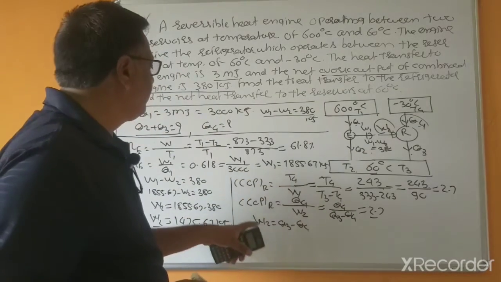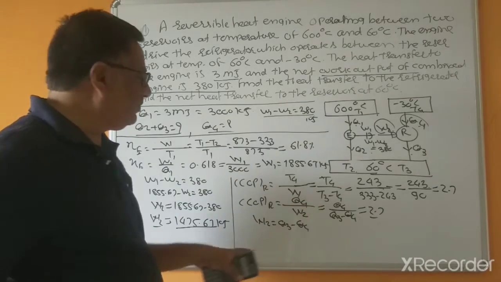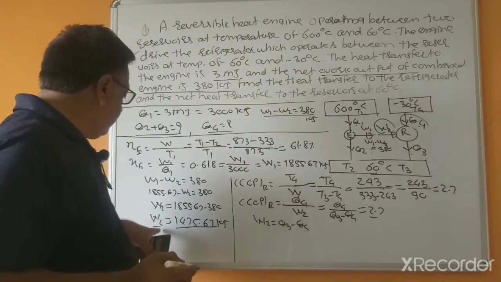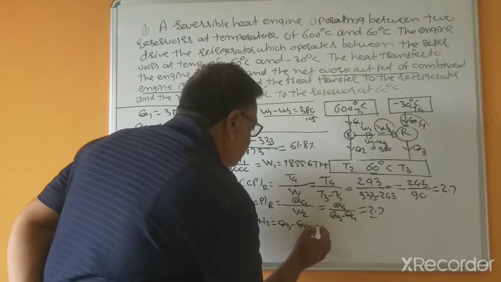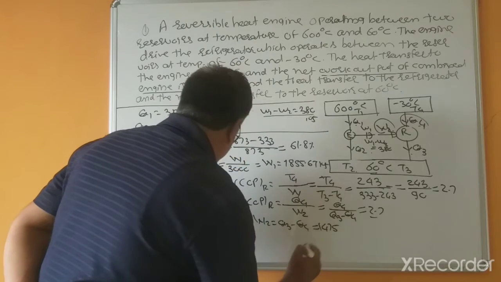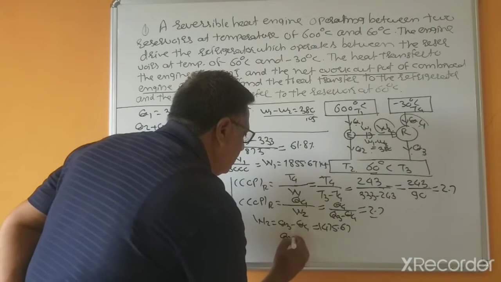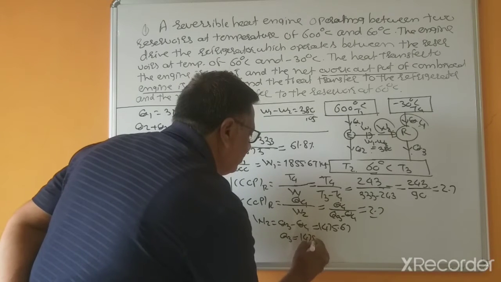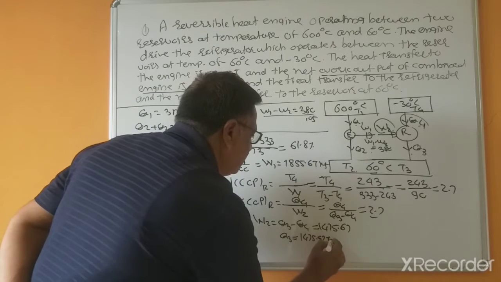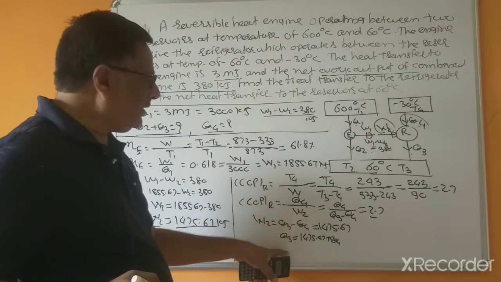This is the relation, and because here two unknowns, that's why I am taking help of this data, and this is equal to 147.567, or you can write this is Q3 equal to 147.567 plus Q4. This is clear?